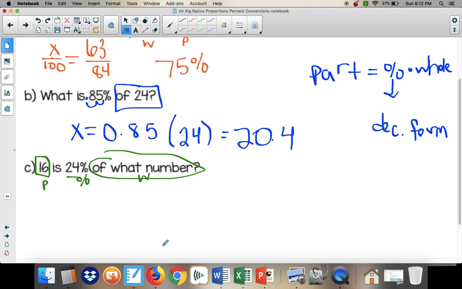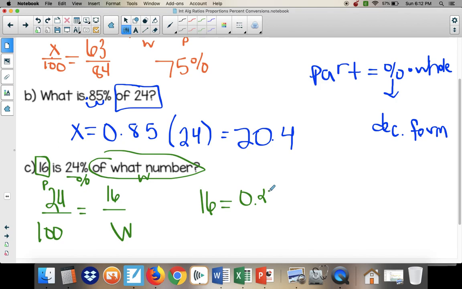Okay. So if I set it up as a proportion, I would say 24 out of 100. You do not convert the decimal when you're working with a proportion. Is 16 over, we'll say whole. I then could also say 16 is 0.24 because I converted into a decimal times your whole.